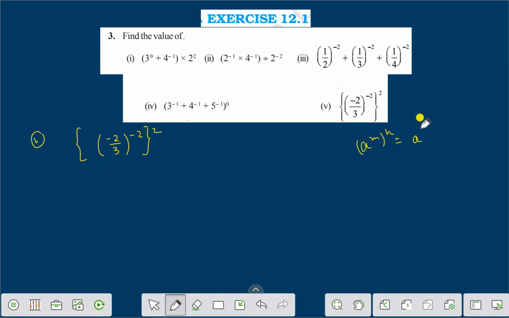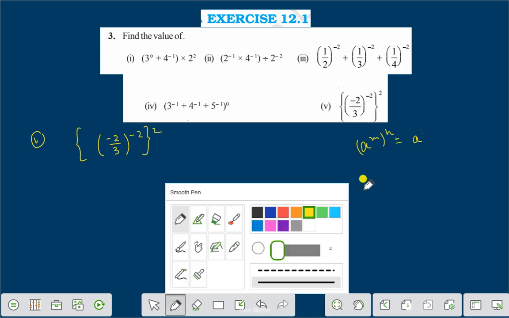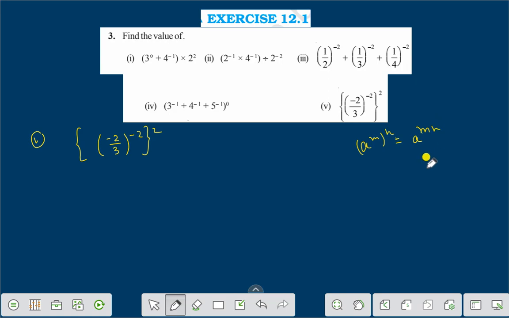We will also use the formula a by b to the power m is a to the power m by b to the power m, and a to the power minus m is equal to 1 by a to the power m. We'll use this formula first.